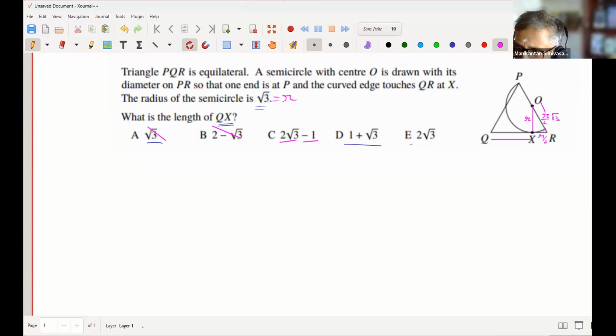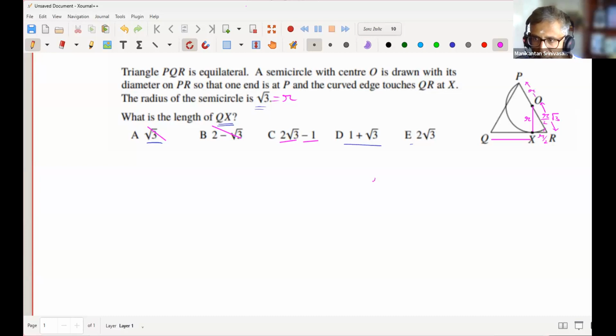This triangle is 30, 60, 90. And from here to here is R, from O to P. Sorry, guys, my handwriting is horrible today.